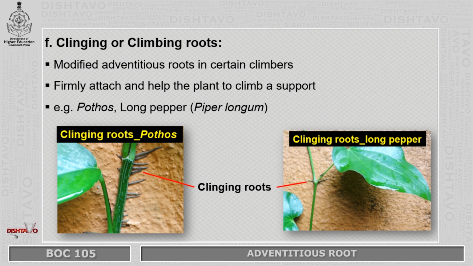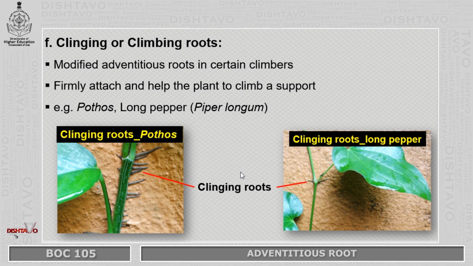If you carefully observe in this image, one is pothos, you will find the clinging roots arising from the internodal region, whereas in the second image, that is long pepper, you can see the clinging roots arising from the nodes.